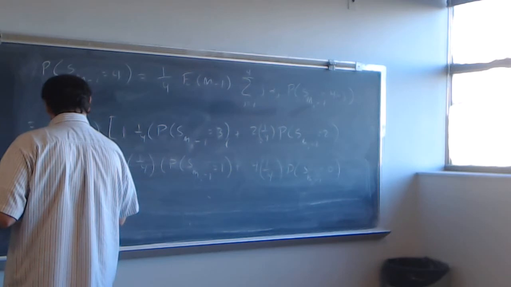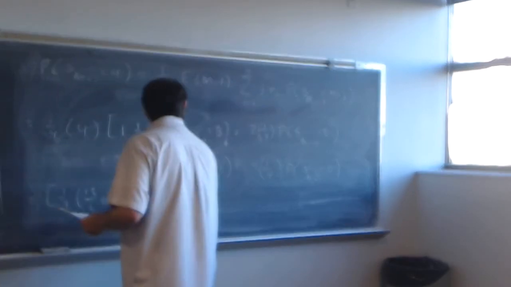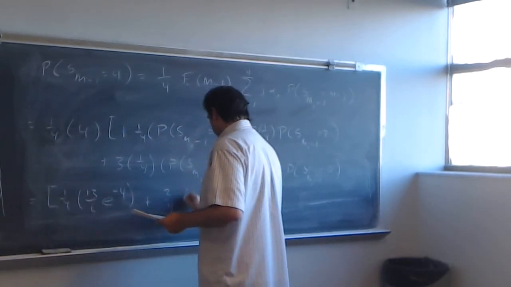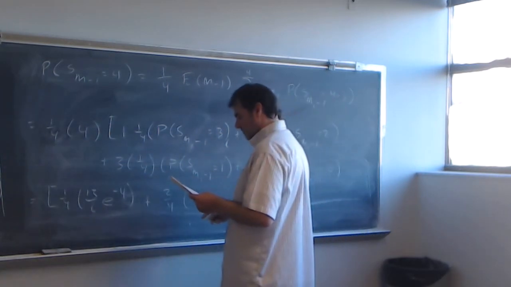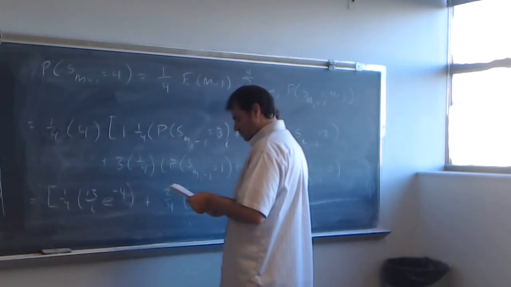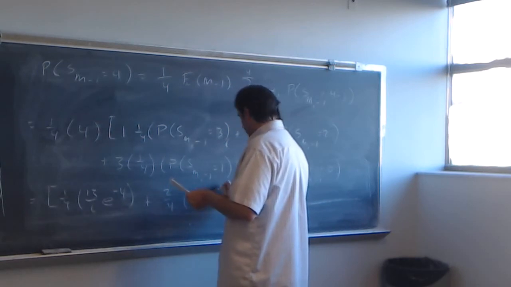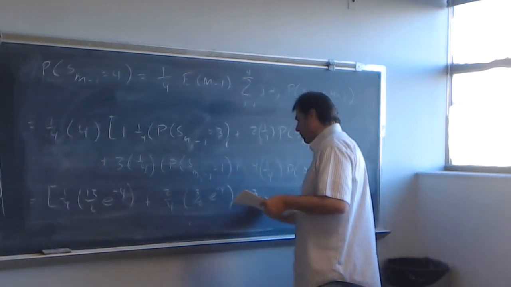This guy we just found to be 13 over 6 e to the minus 4 plus, this is 1/2, or if you will, 2 fourths. And this part we calculated earlier to be equal to 3/2 e to the minus 4. This is plus 3 fourths.